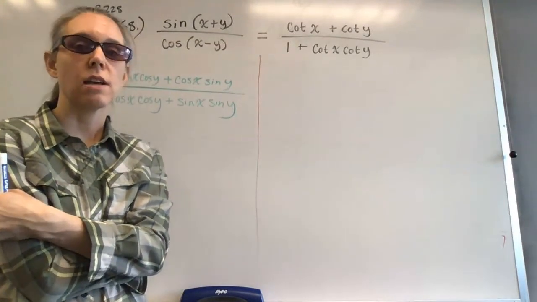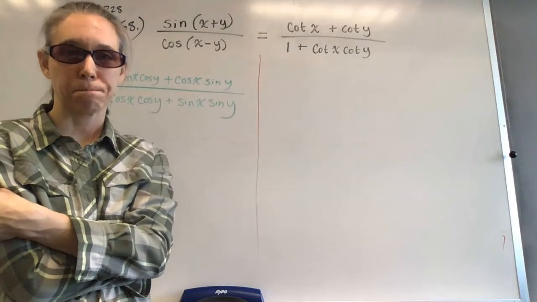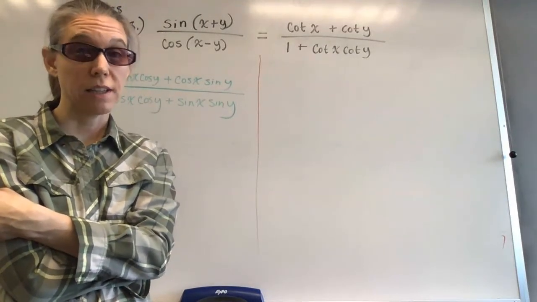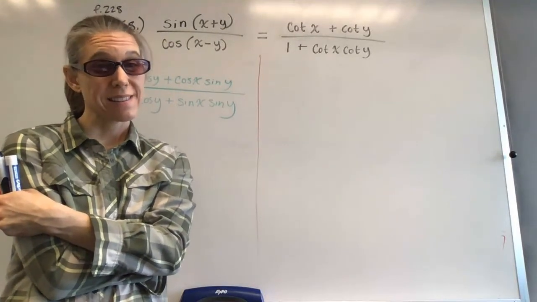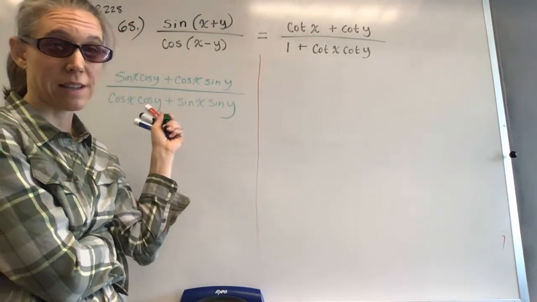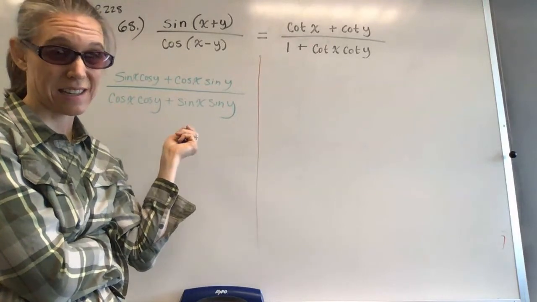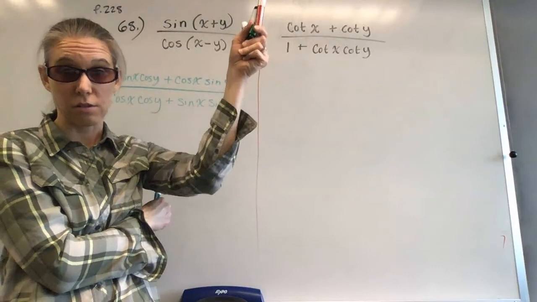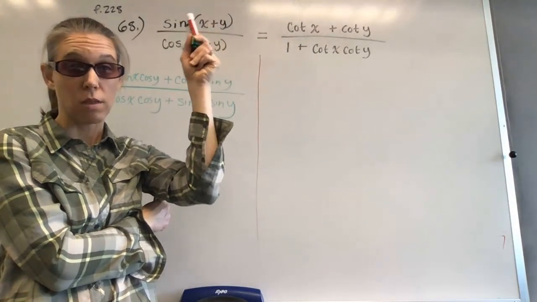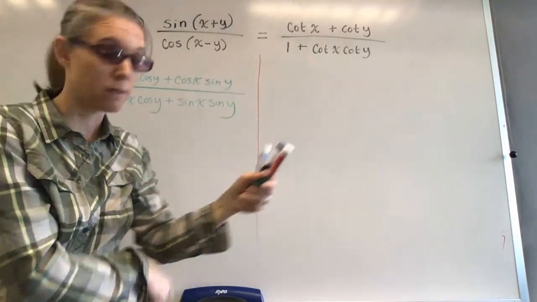If I write cotangent as 1 over tan, I could certainly end up with a nice complex fraction that could be simplified further, but I really probably won't go directly to anything that relates to cosine and sine. So it makes more sense to go ahead and replace every occurrence of cotangent with cosine over sine.